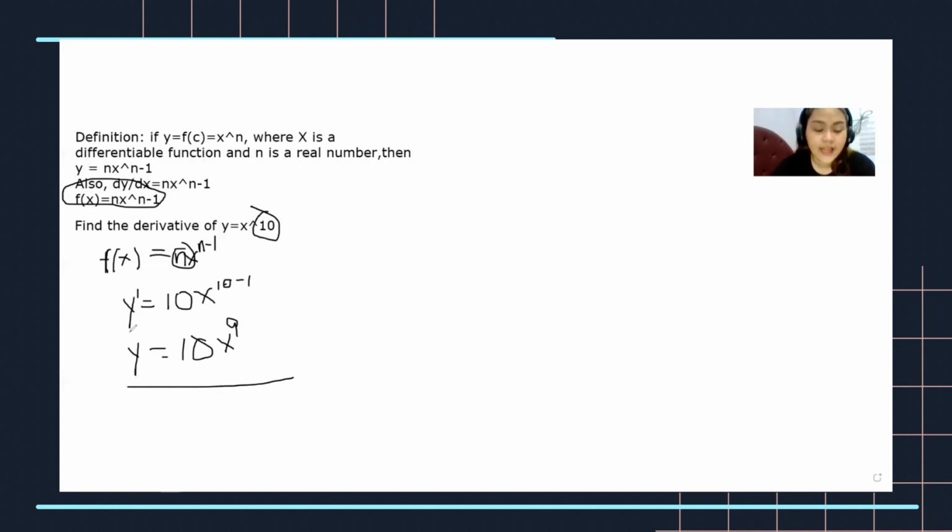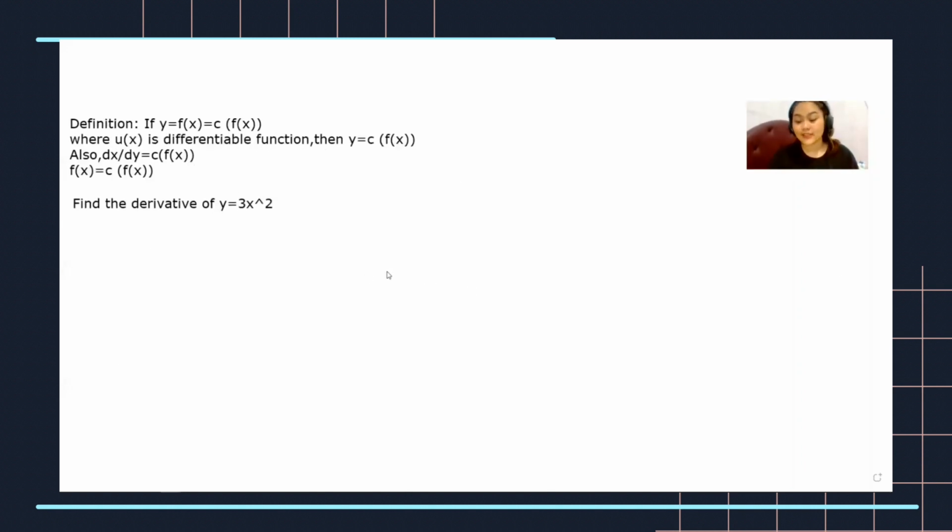That is the final answer. And also remember to simplify it, since 10x raised to 9 is already simplified. This is the final answer already.